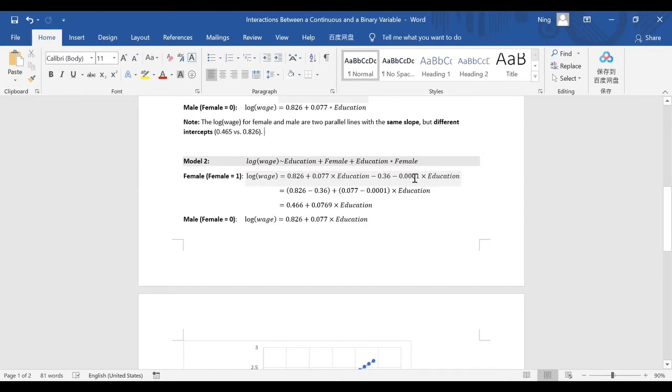Combining the relevant terms, the model for predicting the log wage of female workers is given by this equation here. Similarly, the log wage for male workers is shown by this equation here.